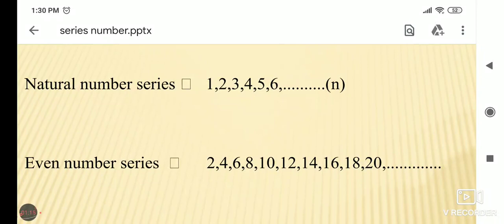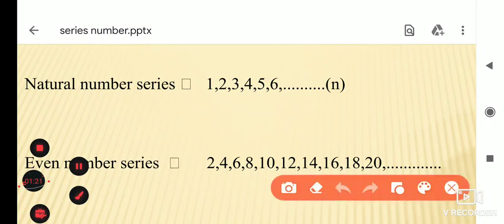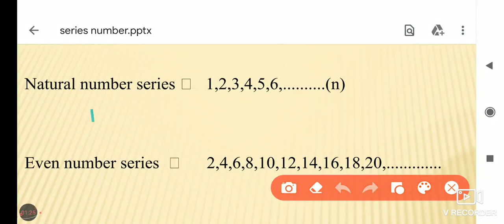Here we add 1 to the first number to get the second number, then add 1 again to get the third number. So this pattern is followed in the natural number series.